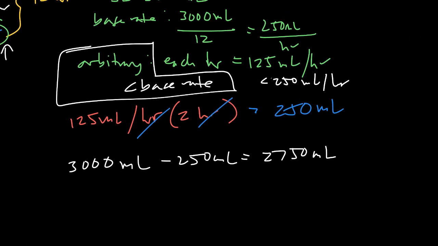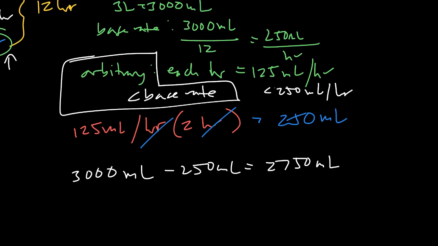So you know now that since you calculated a rate for the first hour, you are accounted for the first hour. First hour, check. Your remaining 10 hours, what is that rate? Your first hour is 125 mils per hour.